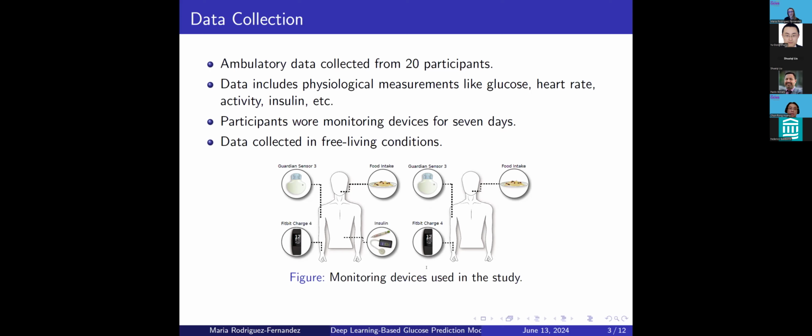And also they register all the food intake for 1 week long each participant. So with this, we had a pretty granular database on different data altogether, and we could, with that, build different models and compare among them.